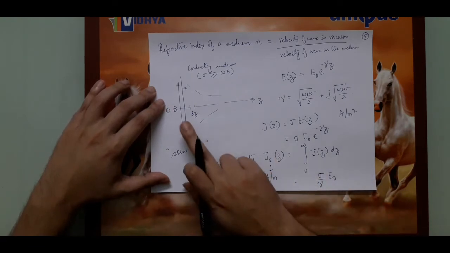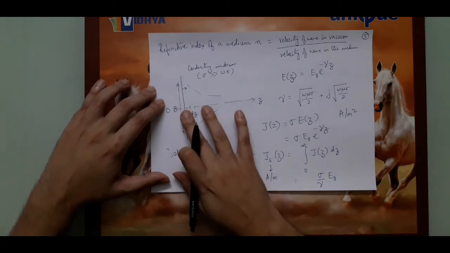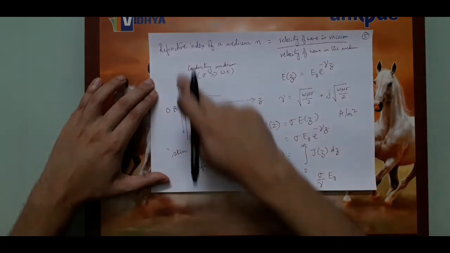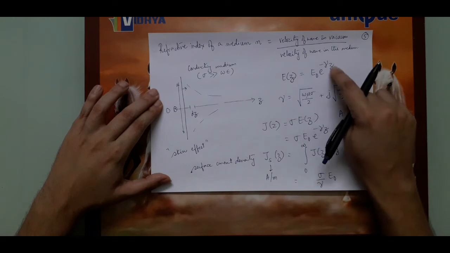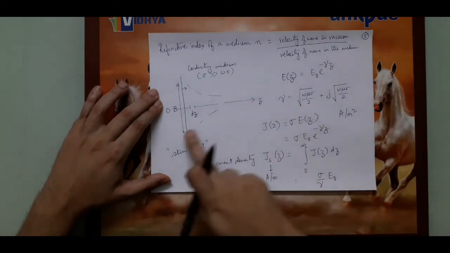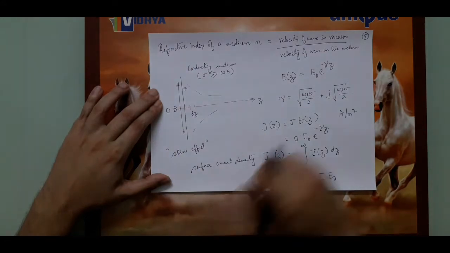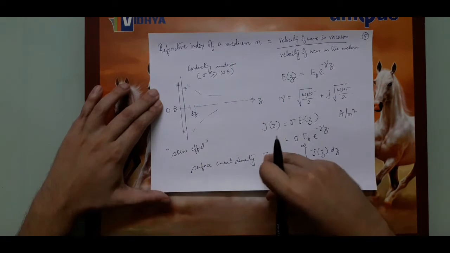If we now look at the surface, we know that this is the surface current density. The electric field at the surface is the electric field calculated at z equal to 0. So the electric field component at the surface is nothing but E0, and that is tangential.